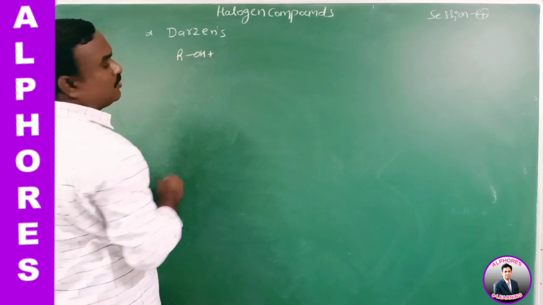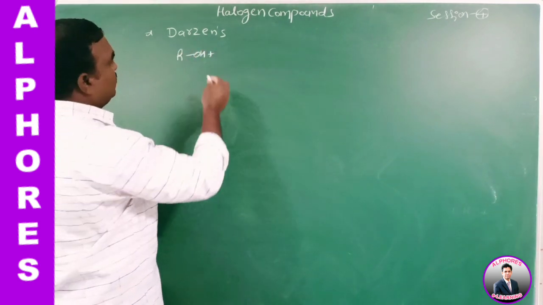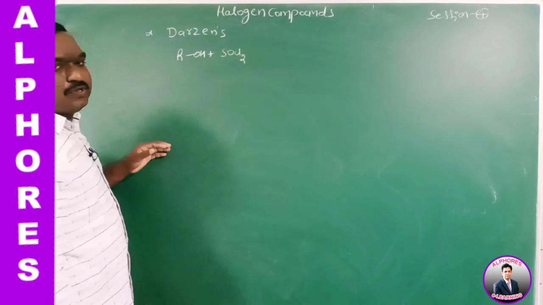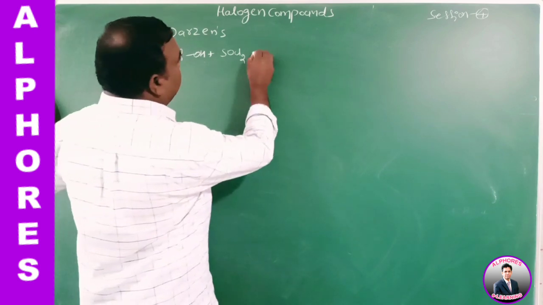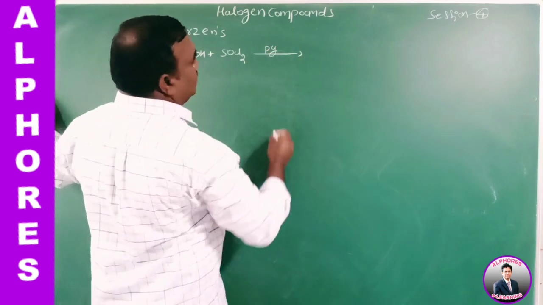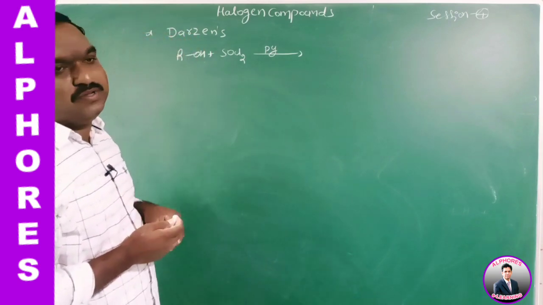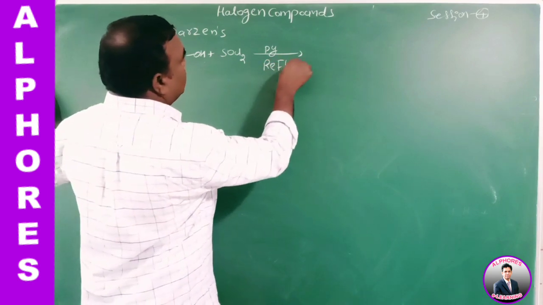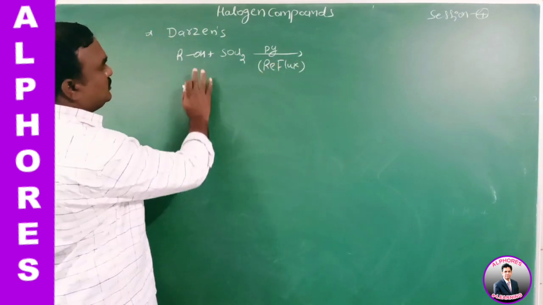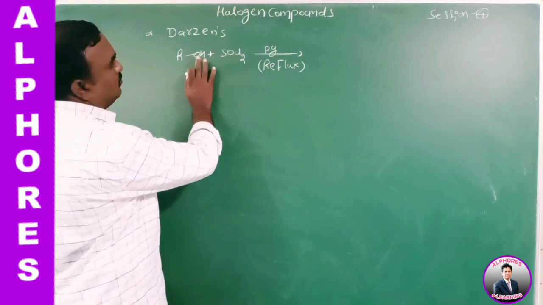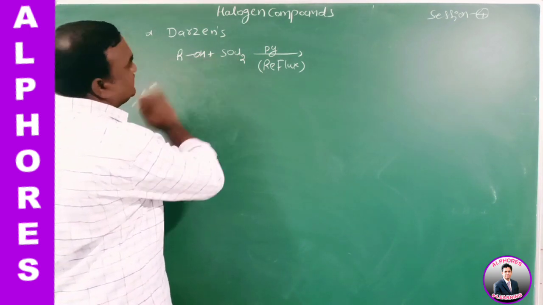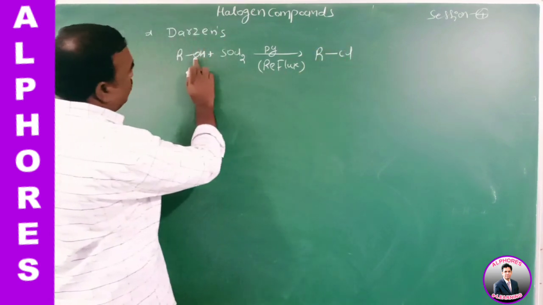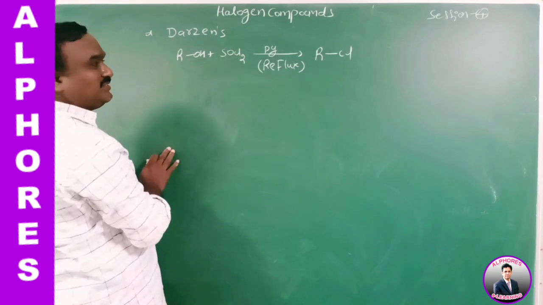The compound reacts with SOCl2 in the presence of pyridine medium or inert medium. So the OH group is replaced by Cl.